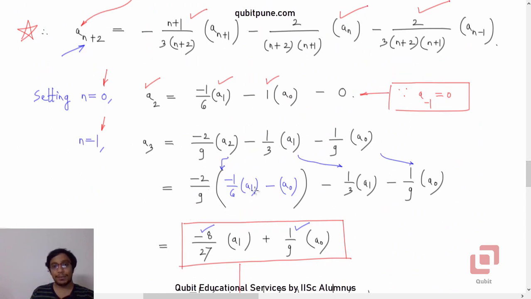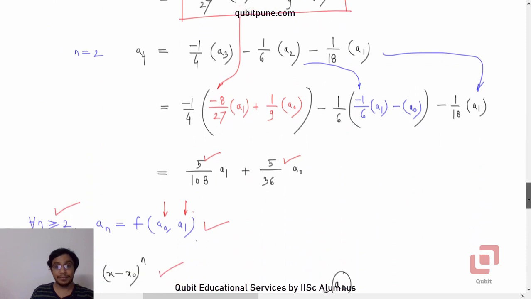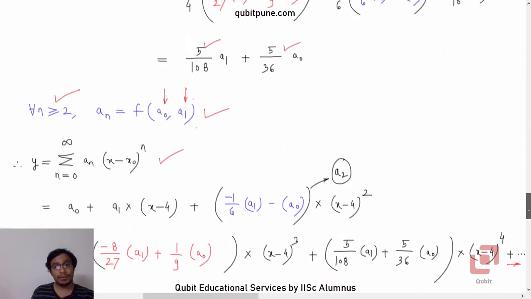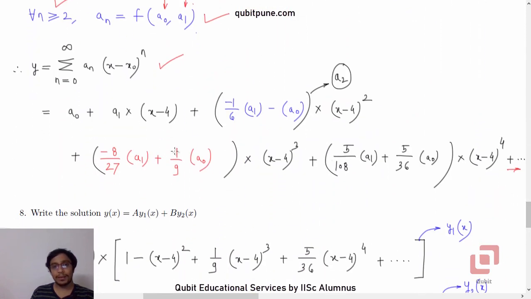Okay, negative 1 upon 6 a1 minus a0. Okay, this is a2, and this value of a2 has come because of the assumption that a minus 1 is equal to 0. Okay, fine. So that is a2. The next term is a3 times x minus 4 to the power 3.